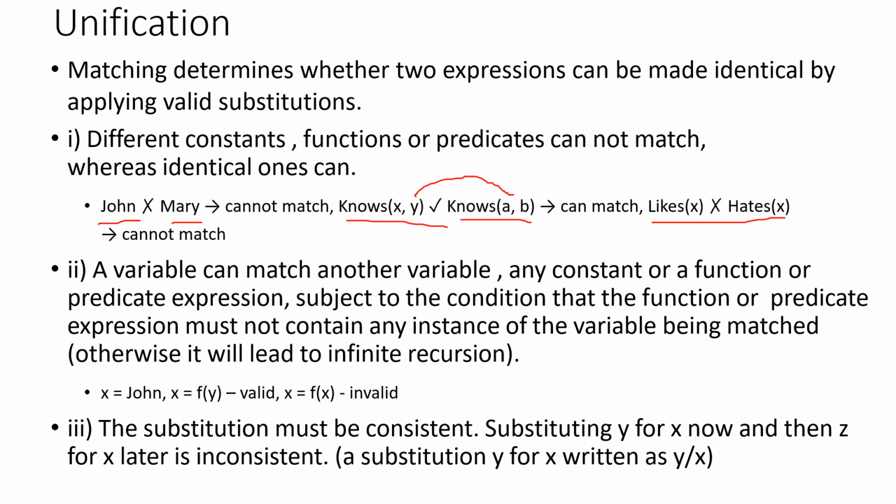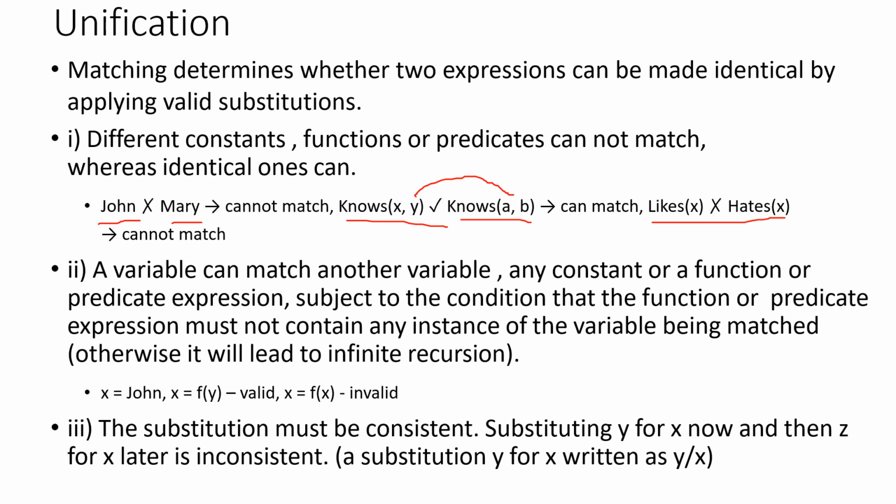The second rule is that a variable can match another variable, any constant, or a function or predicate expression, subject to the condition that the expression must not contain any instance of the variable being matched. Otherwise, it leads to infinite recursion.